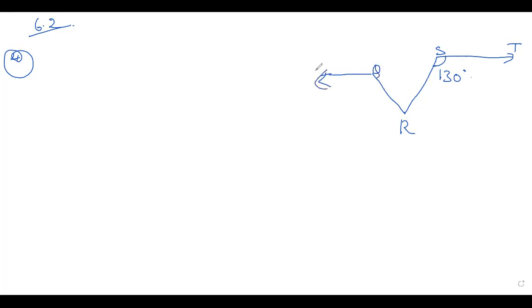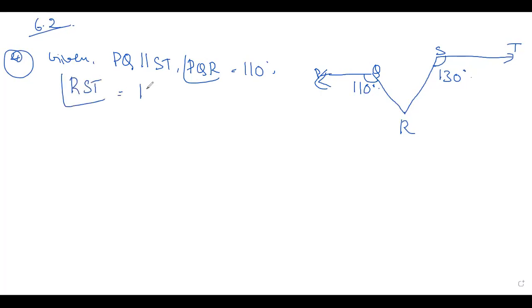Q, P, angle Q is equal to 110 degree. This is your figure. I'll write what is given in the figure. Question. PQ is parallel to ST. Next, PQR is equal to 110 degree. RST is equal to 130 degree. And QRS is equal to question mark.